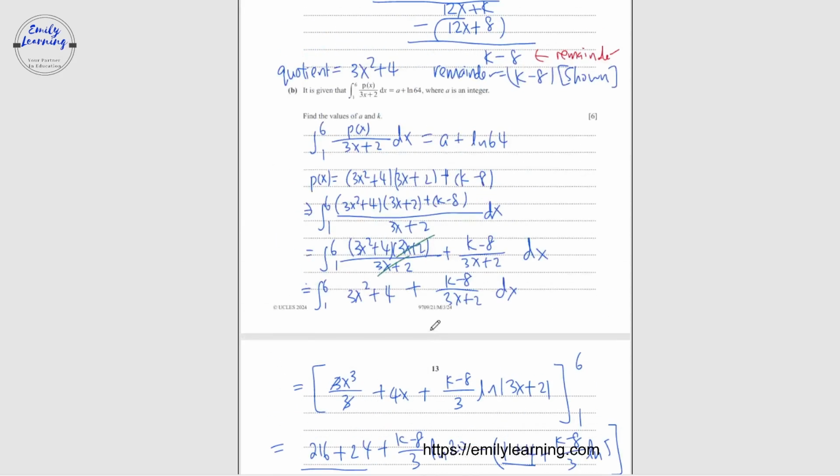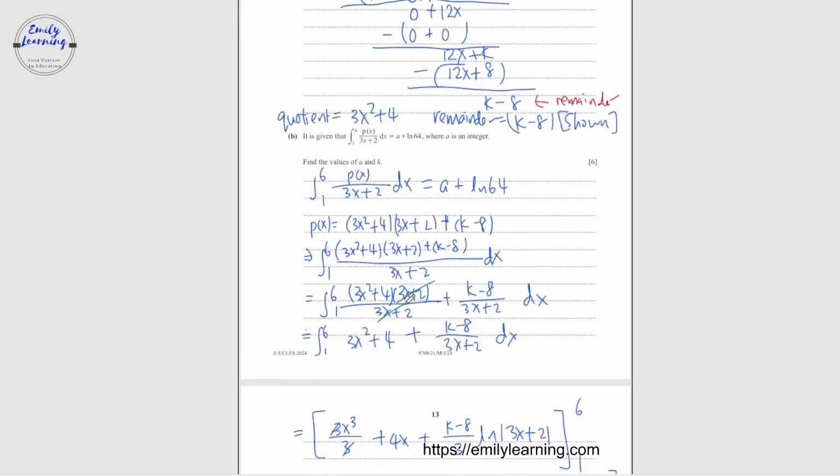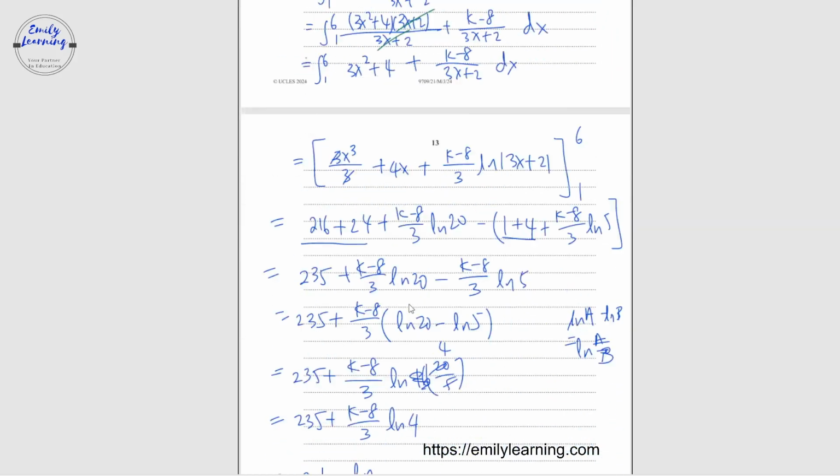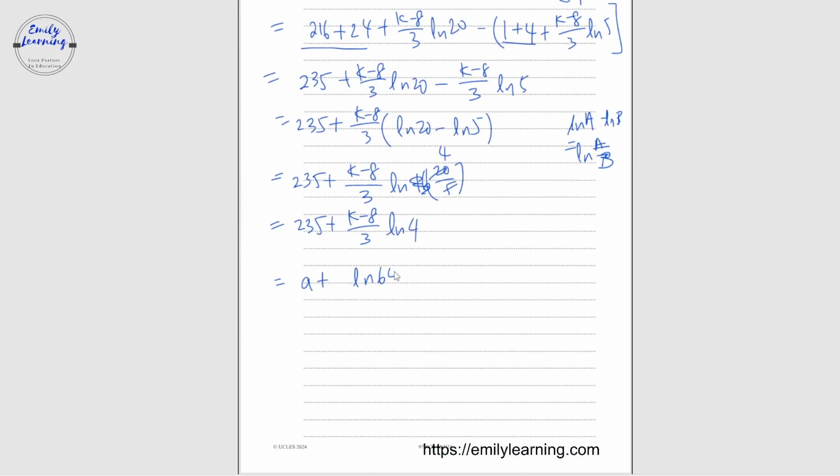Okay, what do I have here? I'm told that this is a plus ln 64, right? So I do know that there is nothing in front of the ln 64. If I have a ln A, it will be equal to ln A to the power of a, right?